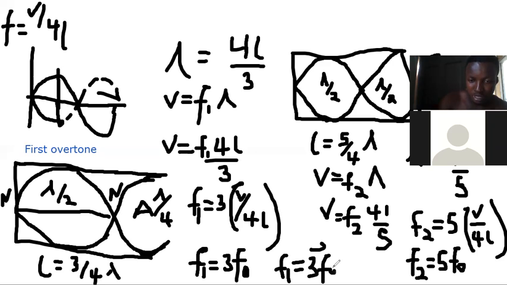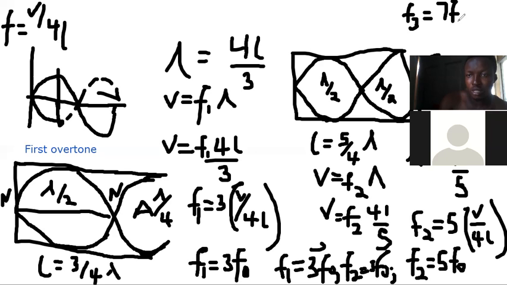Then F2 is equal to 5 F naught. You can continue and write F3 is equal to 7 F naught, and so on and so forth.